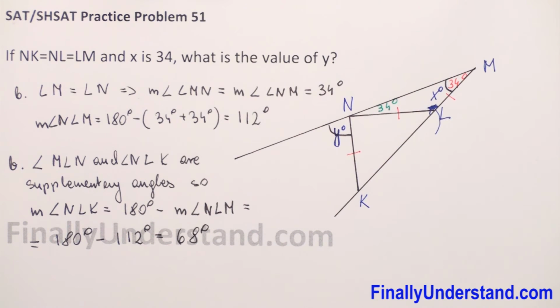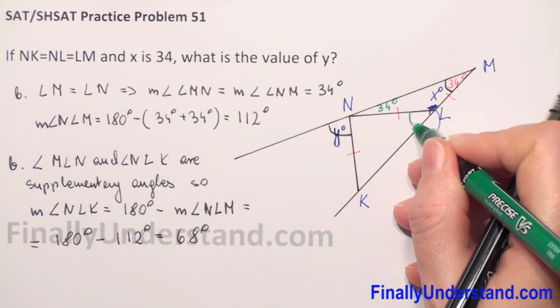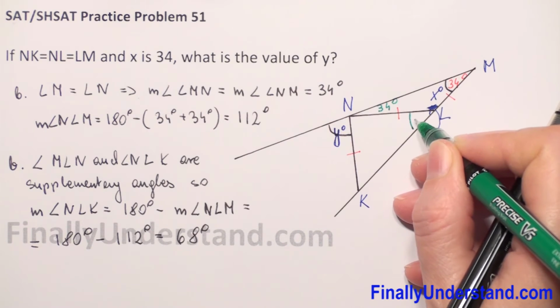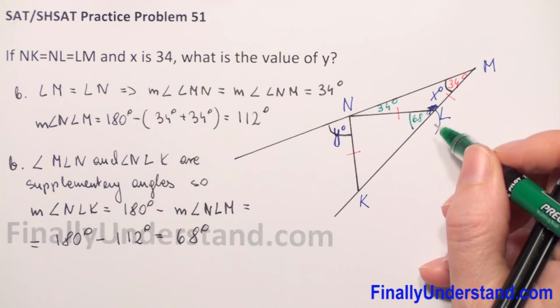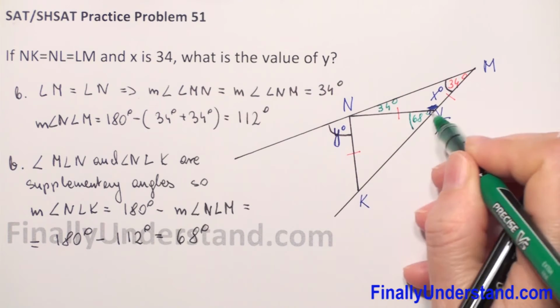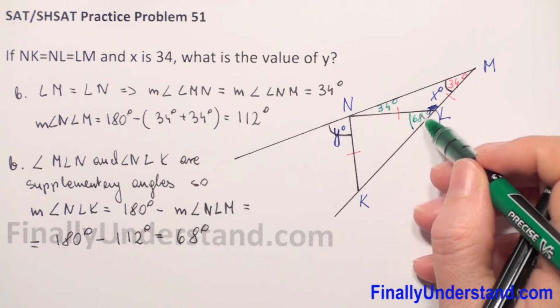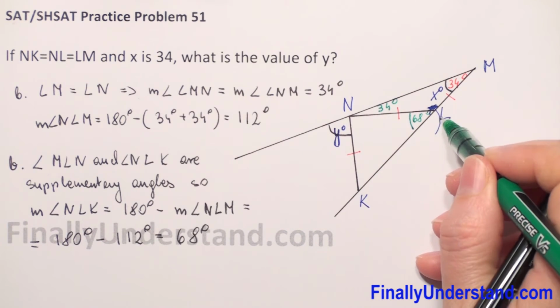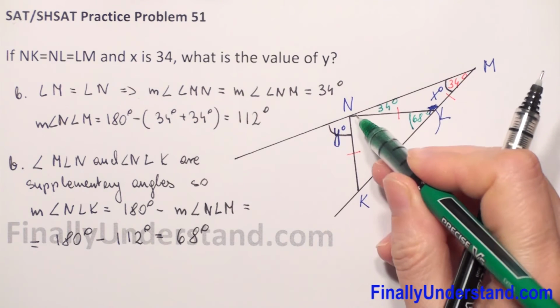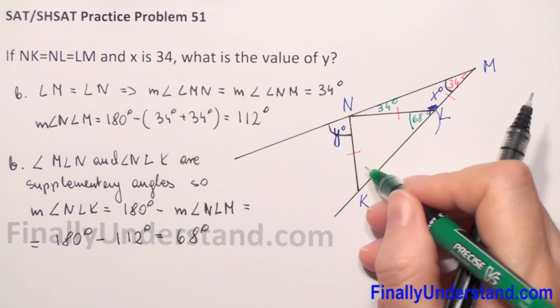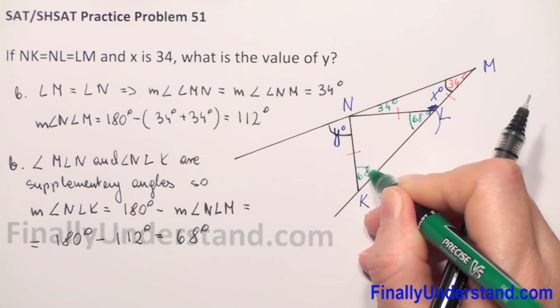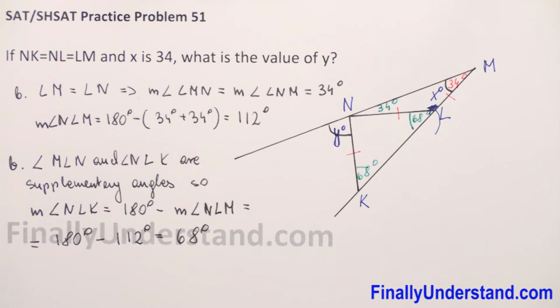So we have now this angle. This angle is 68 degrees. What else? Again, we have a triangle, an isosceles triangle. So it means that angle LKN is also 68 degrees. Let me write this.